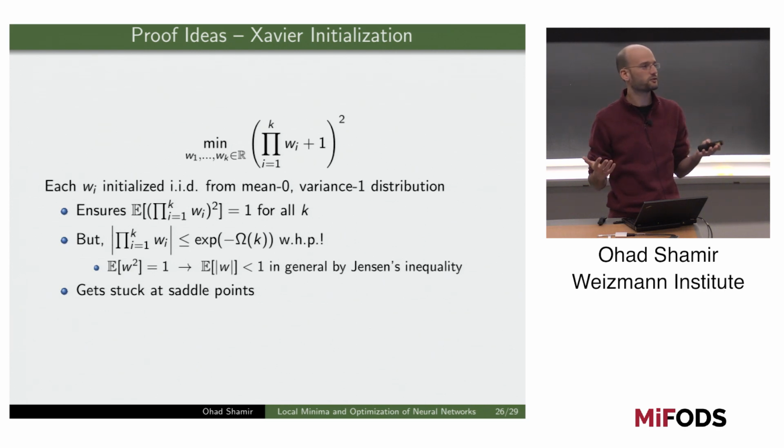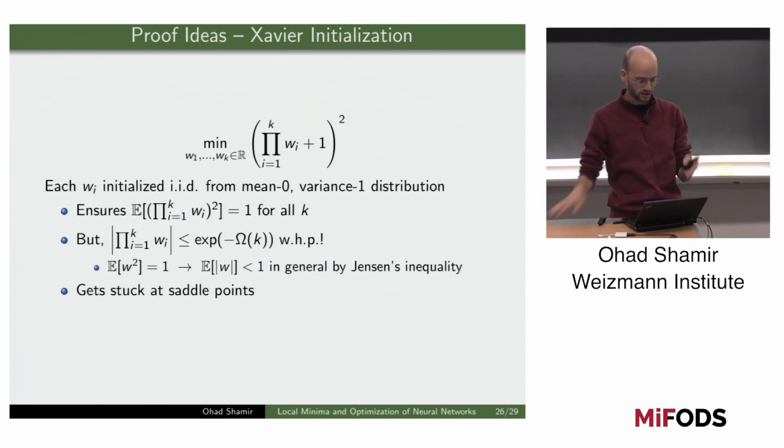And this is just a consequence of Jensen's inequality. If we force the distribution of each W to have mean 0 and variance 1, then in expectation, the absolute value is going to be strictly smaller than 1. So for a Gaussian, it would be 0.9 or something like that.